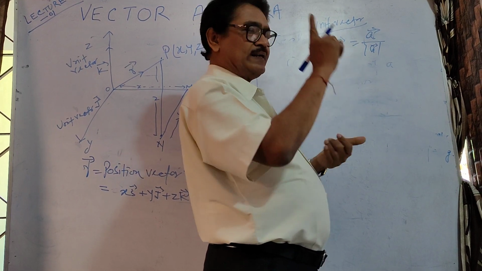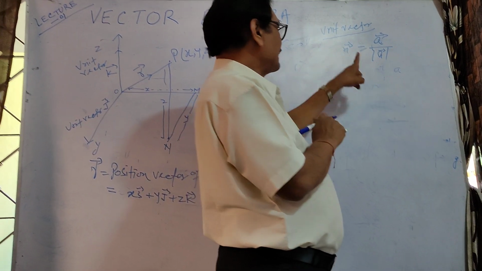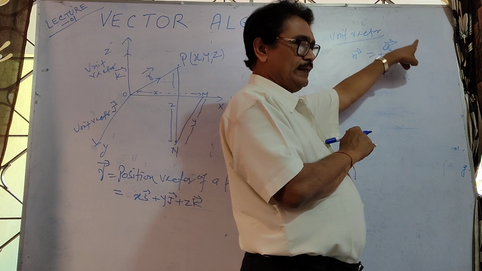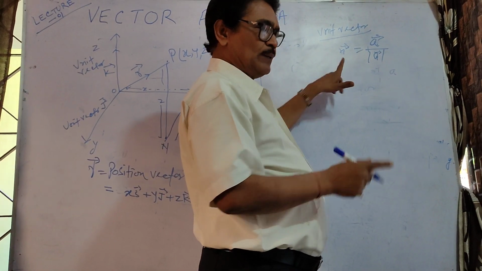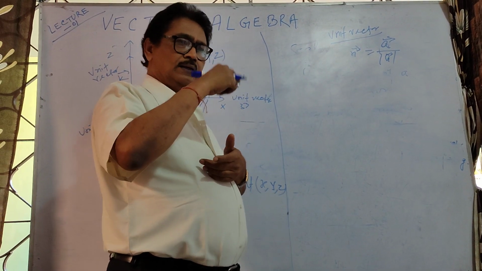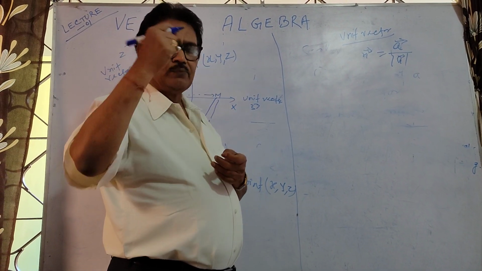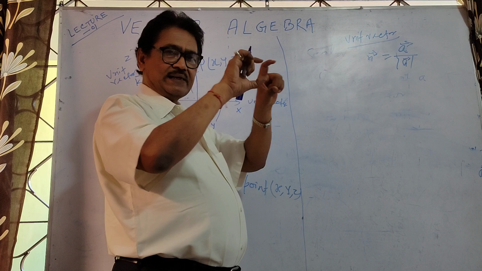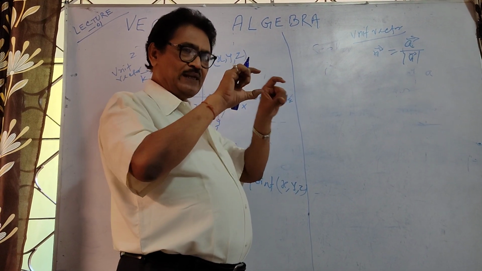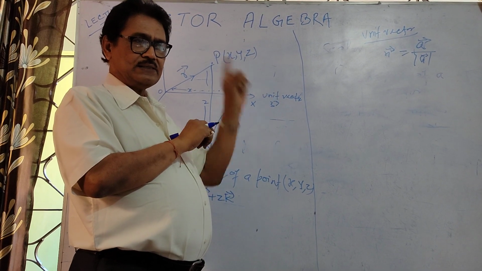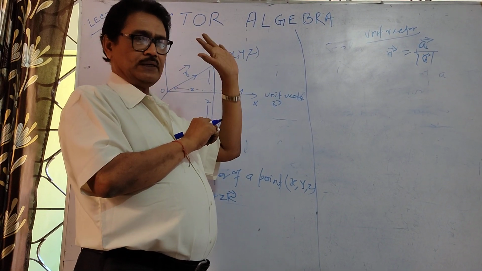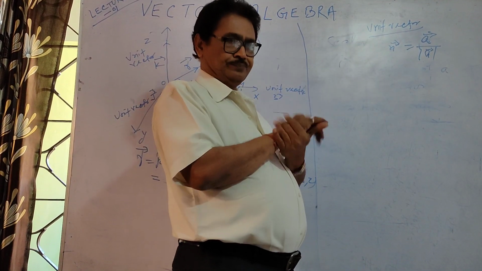Magnitude of unit vector will be 1. Direction of unit vector is along A, and magnitude is equal to 1. Suppose 20 km per hour, this is a vector quantity. If 20 km per hour is divided by 20, that is 1 km per hour. That is the unit vector.